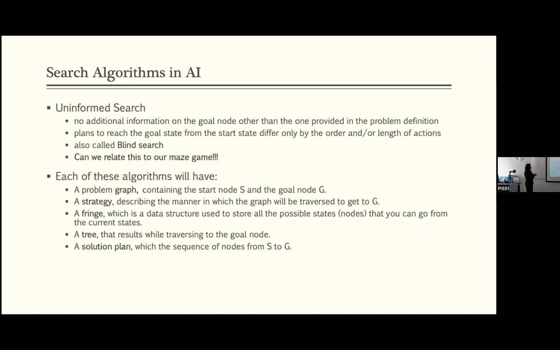For each of these algorithms, we will have one graph, with the start node and the goal node. And we will then make the strategy that describes the manner in which the graph will be traversed to the B point. So there must be some graph. I would say this is the B, and here is C, D, E, and it can be like this.